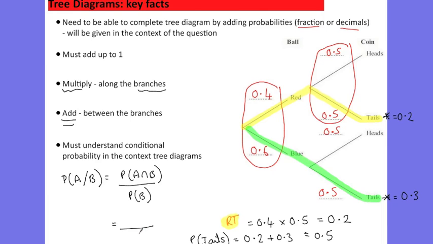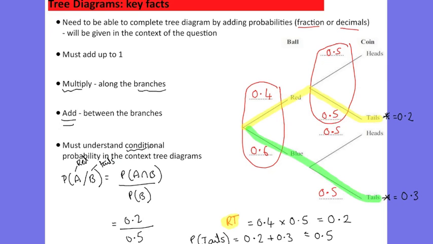So, given the probability of tails, we see here, we know that to be 0.5. So then the probability of red and tails is here at 0.2. So we will divide these two probabilities to find the probability of red, in this case, given tails.